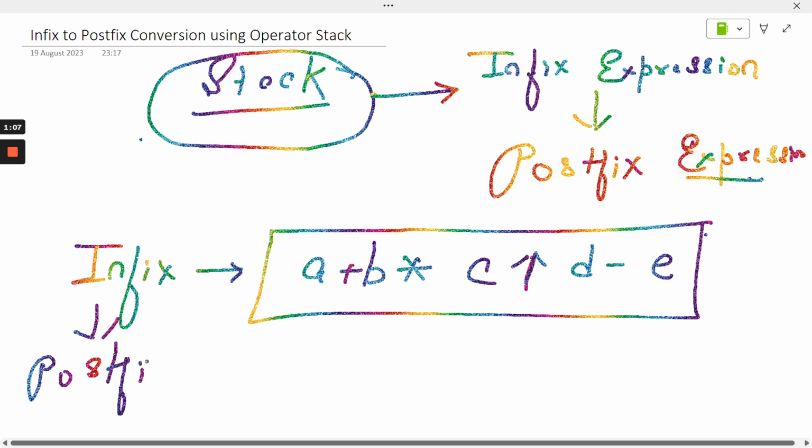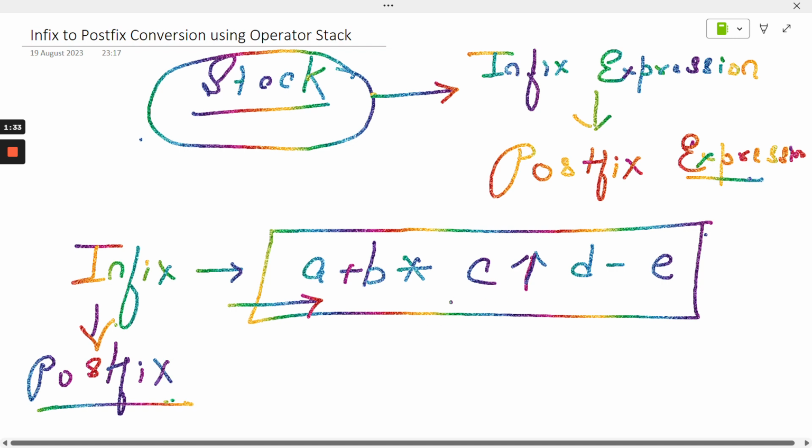Before moving ahead, why do we need this infix expression to get converted into postfix? Because when the computer scans this entire input, it has to scan it multiple times, in multiple passes, to evaluate this expression, because we have different operators at different precedences.